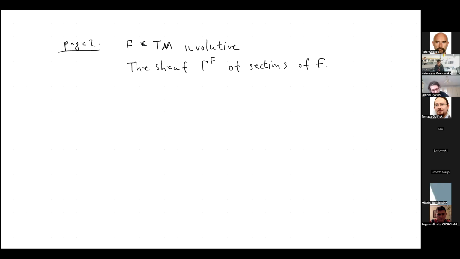So it is a sheaf of C infinity M modules, meaning that we can multiply a section on some open subset with smooth functions on this subset. When we talk about flows, sometimes we want to know that they exist.